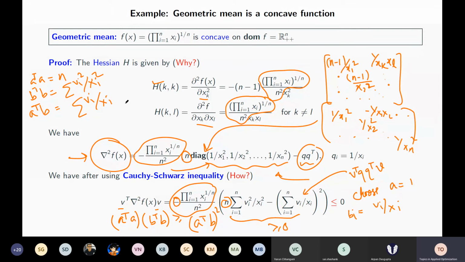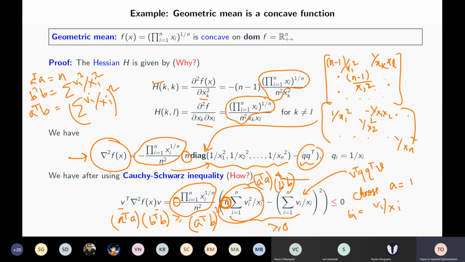So Cauchy-Schwarz says that A transpose B whole squared, which is this guy, is greater than or equal to this times this, which is exactly the form that we need here. So this is A transpose A times B transpose B, where A transpose A is the n part, and B transpose B is the sum of Vi square by Xi square part. So from Cauchy-Schwarz we have that this is greater than or equal to 0.